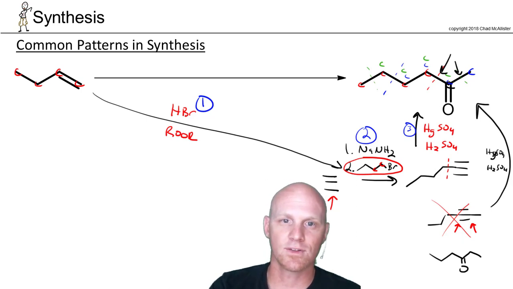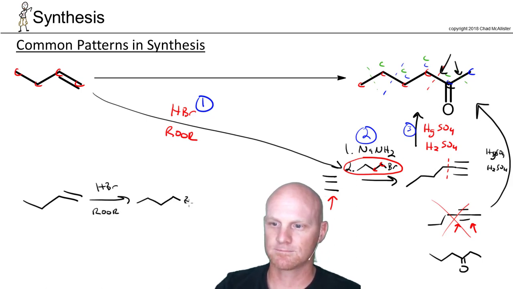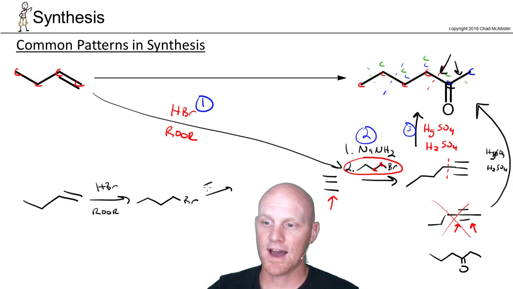If I wanted to write this out a little bit differently, I could have just again started with my alkene, added the HBr and peroxide to make my alkyl halide in this case, and then we could have simply added the acetylide already ready-made, already deprotonated. 1, 2, 3, 4, 5.